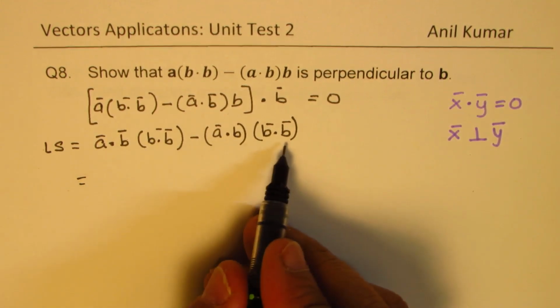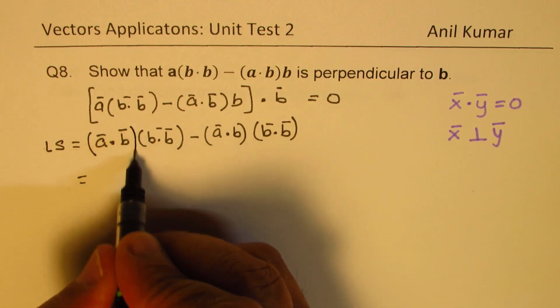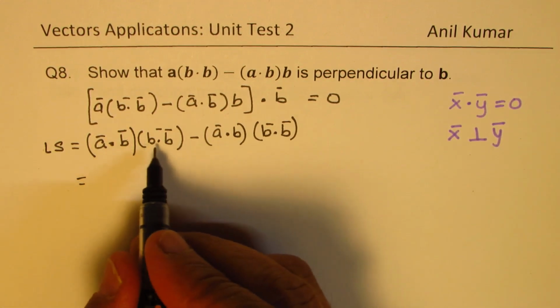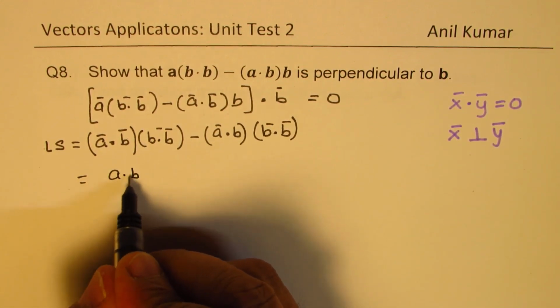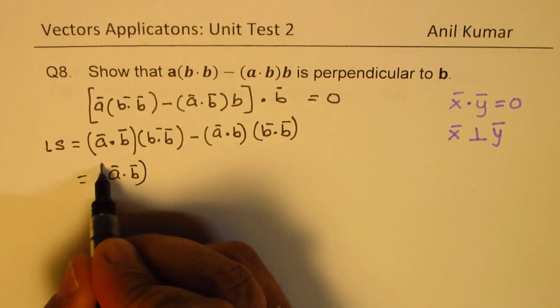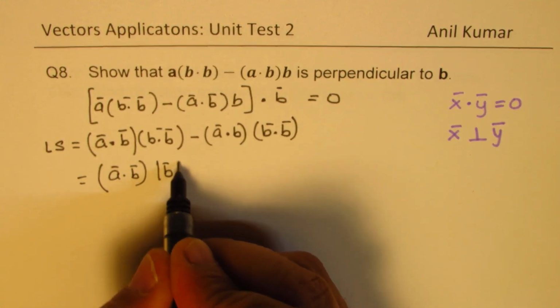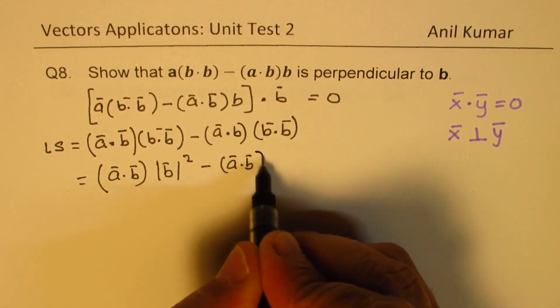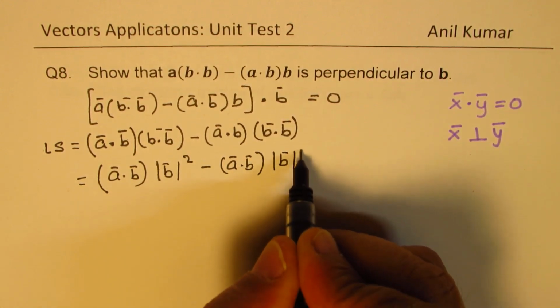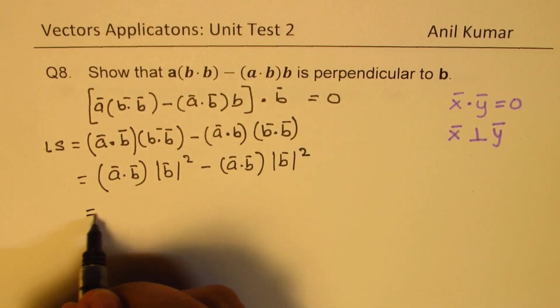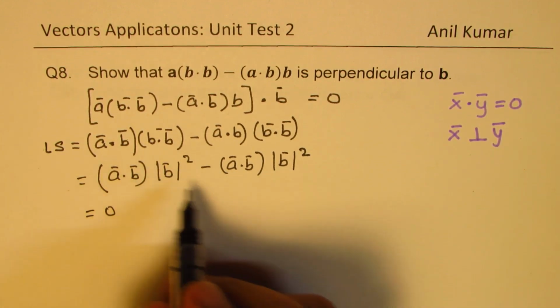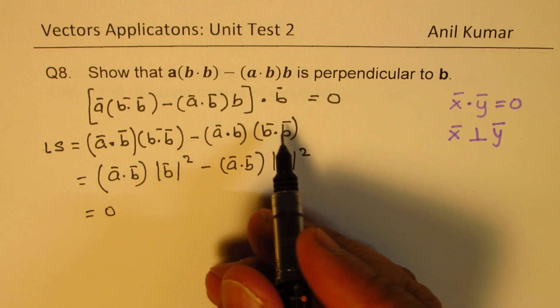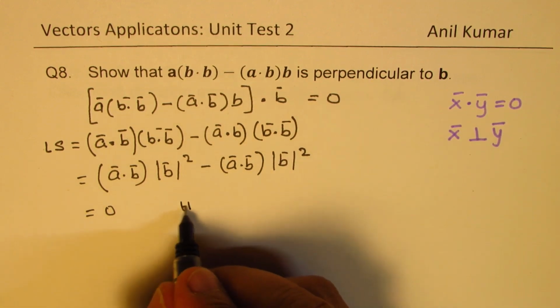Anyway, you see both the terms, right? They're exactly the same, right? So we have A dot B times magnitude of B squared minus A dot B times magnitude of B squared. So this definitely is equal to 0, right? Since it is 0, we know they are perpendicular, right? So hence proved.